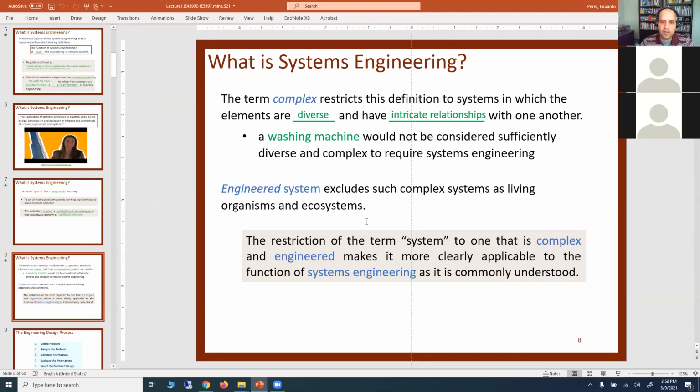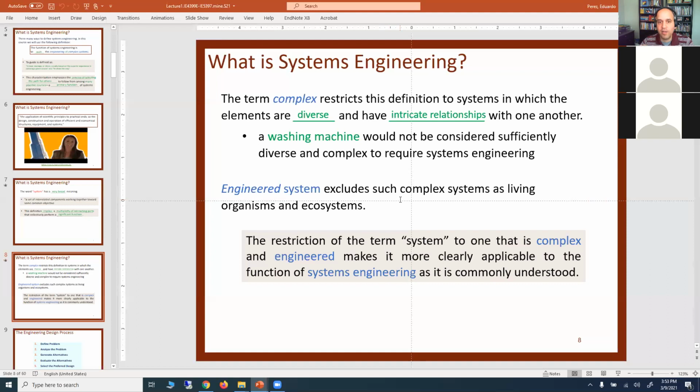And when we talk about systems engineering, we need to make sure that we are constraining the applications that we are working on to those that are complex.